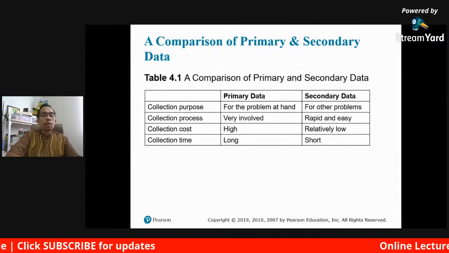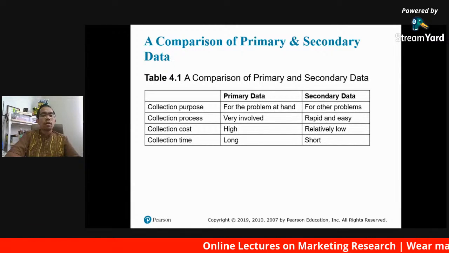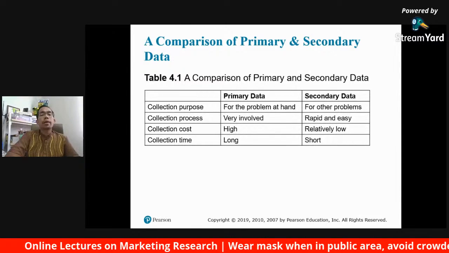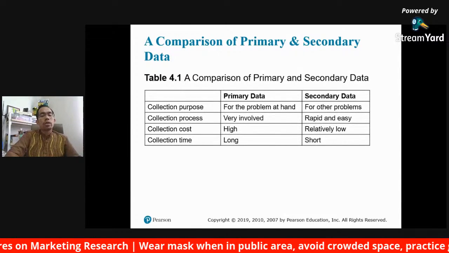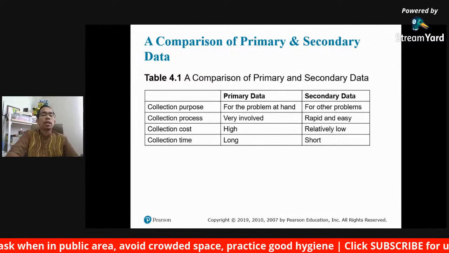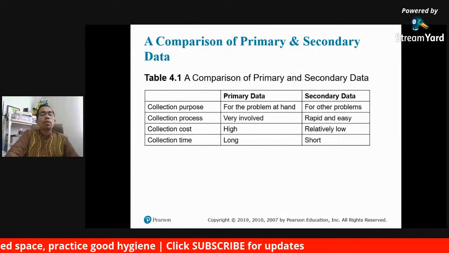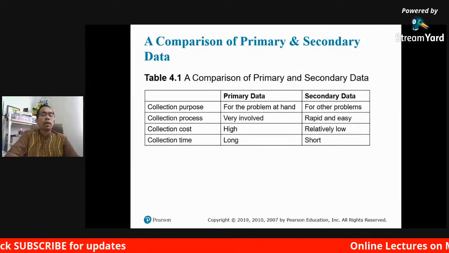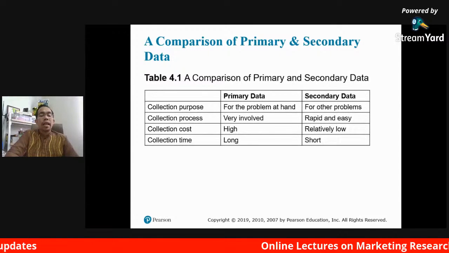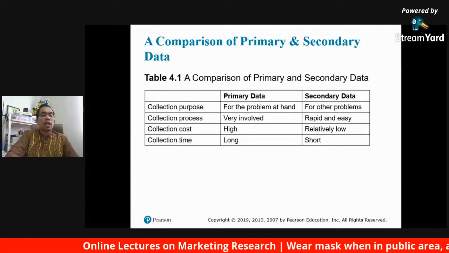In terms of cost, it is very high to acquire or obtain primary data, and secondary data is much cheaper because it is already published. But some consideration should be made to make sure the data that we obtain from the secondary sources is reliable and accurate for what we are facing just now.